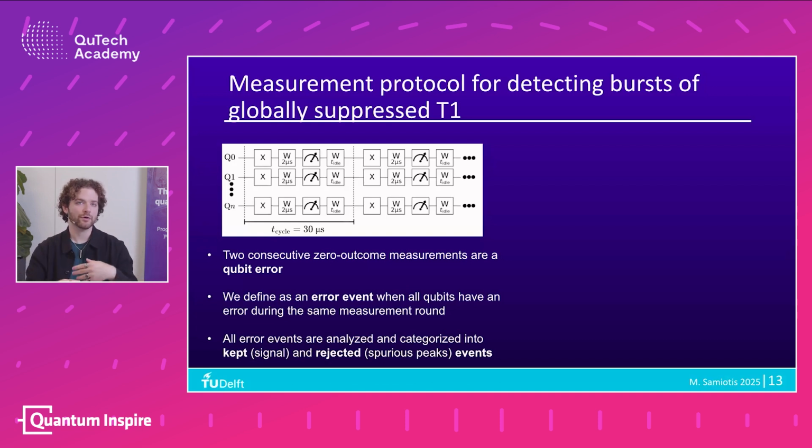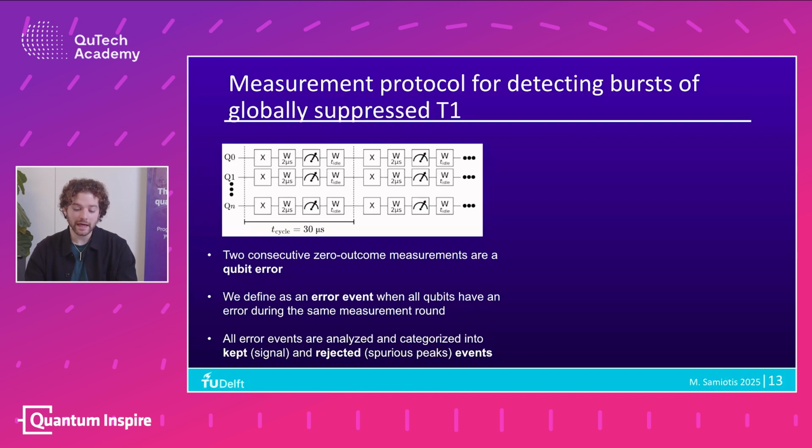So in normal circumstances with no errors, I will always either be measuring 1, 0, 1, 0, or sometimes 1, 1, 0, 1, but I will not be measuring 2 consecutive rounds, all the qubits in the 0. So that's what we have as an error. And we define an error event when all qubits have that error in the same measurement round.